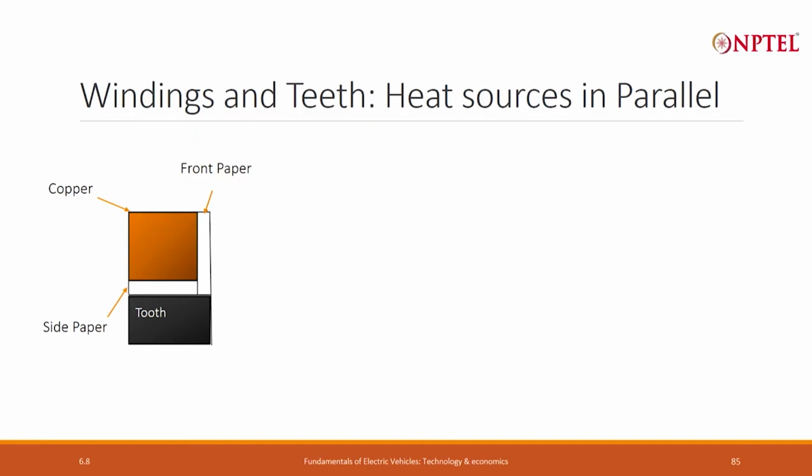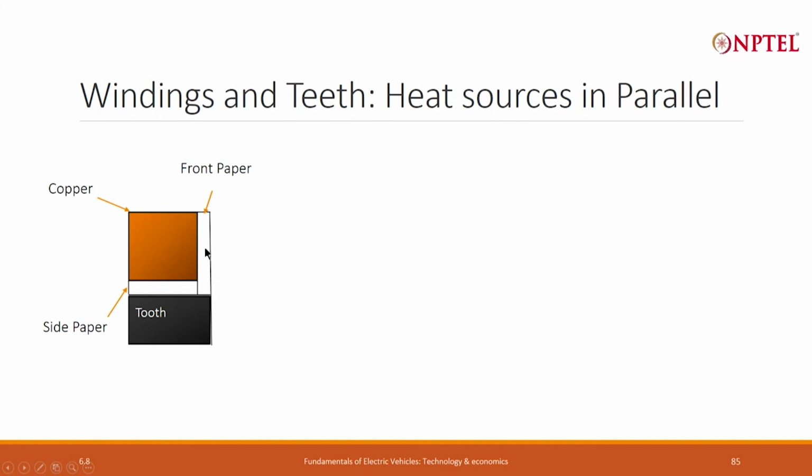The teeth are directly connected to the back iron, which is the next radial pipe, but the teeth are also connected laterally to the winding through the winding paper, which we introduce to insulate the winding from the body, and this paper is normally like a U shaped thing inside which the windings are passing. So, between the copper and the teeth there is a layer of paper, and between the copper and the back iron, which is radially outwards, there is paper too.